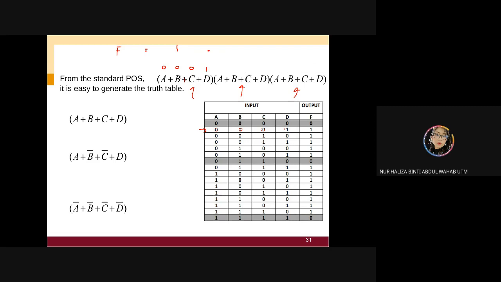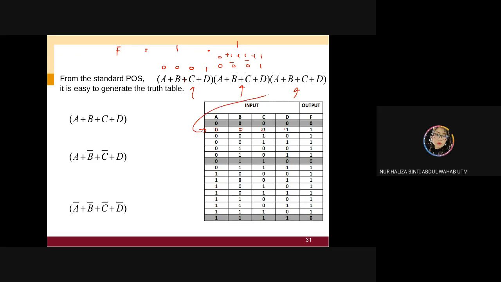And I multiply with 0, 0 bar, 0 bar, 1. I'm going to get 0, 1, 1, 0, 1, 1. Oh sorry, plus. And then I have plus 1. So what is my answer? My answer will be 1.